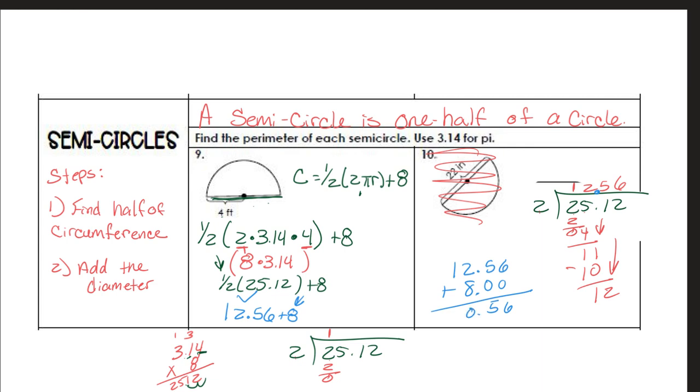That'll be 10 and 1 here. So once I add all of those up together, I end up with 20.56 is the perimeter, that is in feet, around this semicircle.